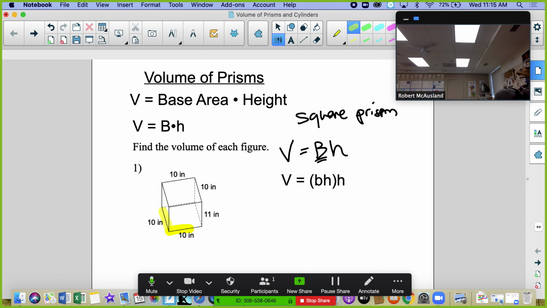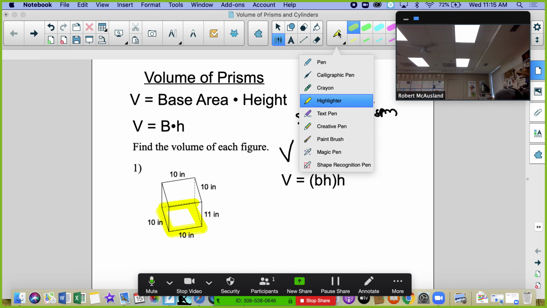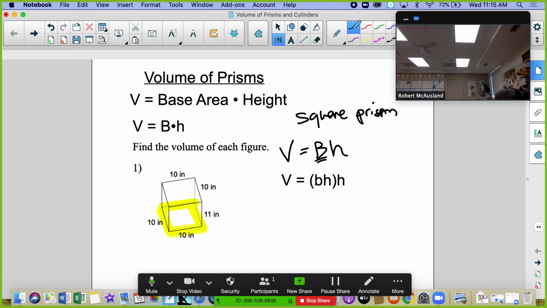The base of this object is the bottom, and that shape is 10 inches by 10 inches. So it's a square. So technically it shouldn't be base times height, it should be s squared, but we can still use base times height. So the base would be 10 inches. The height would be 10 inches.